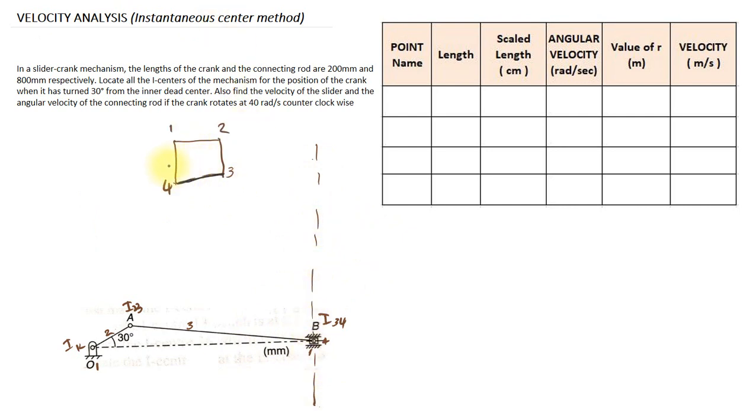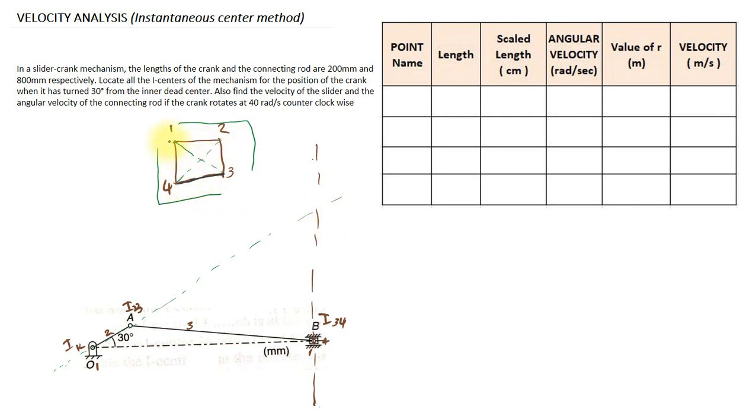Next I am going to mark the instantaneous centers 1, 3 and 2, 4. First 1, 3. You can see 1 2 and 2 3. I12 is here and I23 is here, so I have to extend this line.